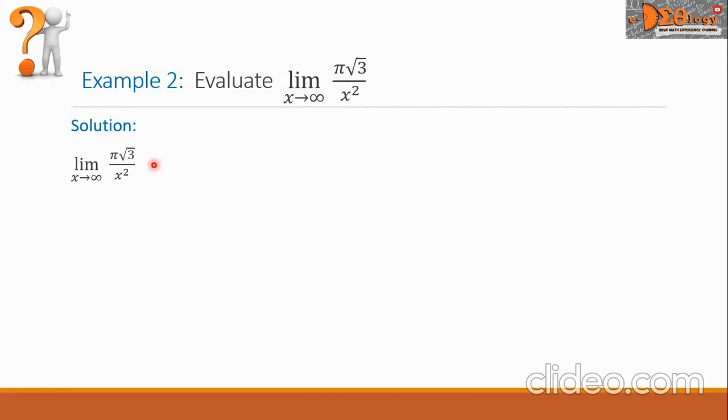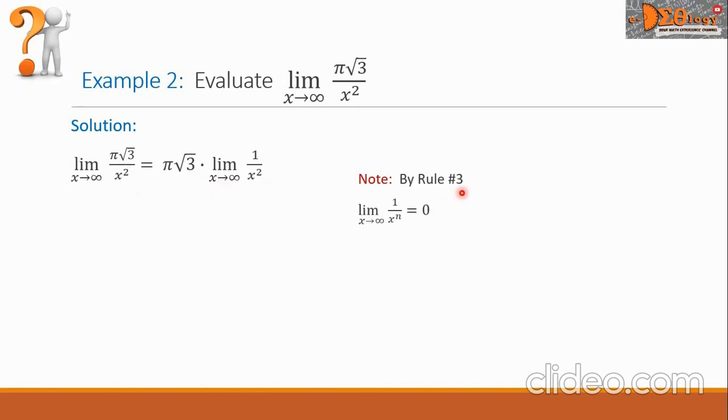By limit law, we can take this constant out while taking the limit of the function 1 over x squared. As you see here, we write pi square root of 3 multiplied by the limit of 1 over x squared as x approaches infinity.